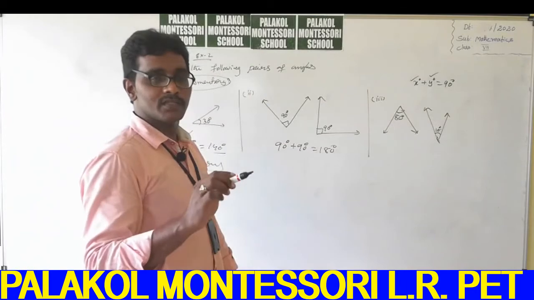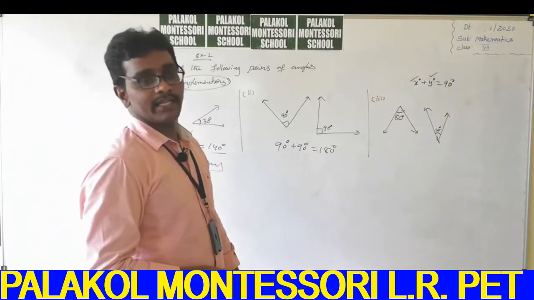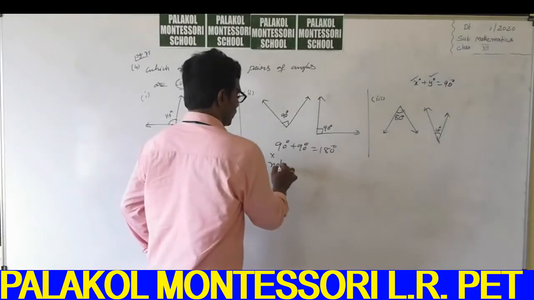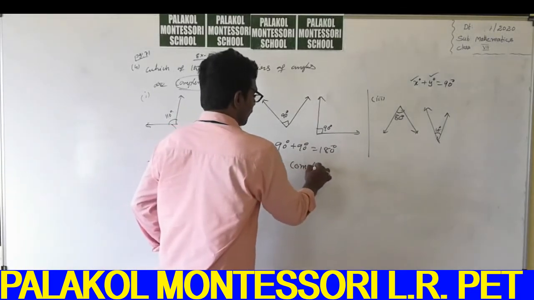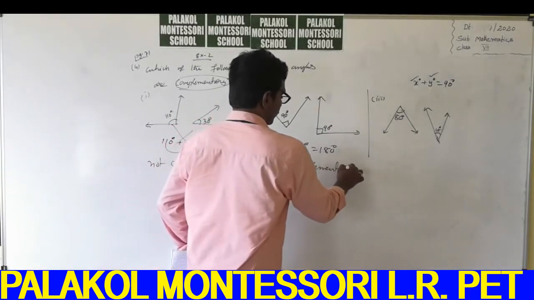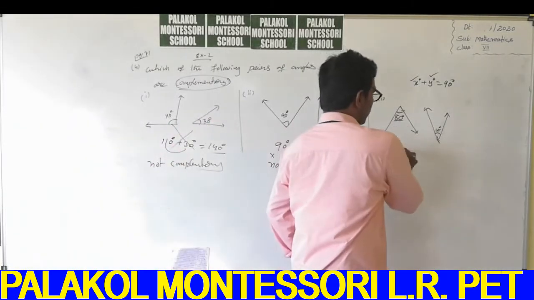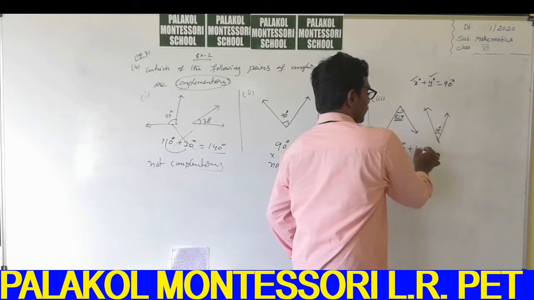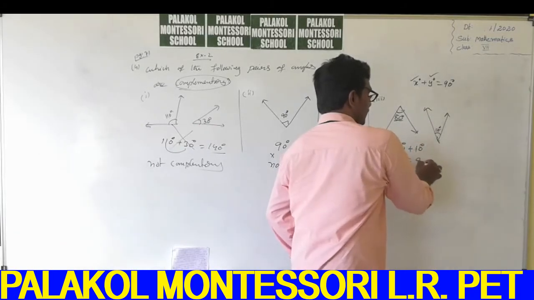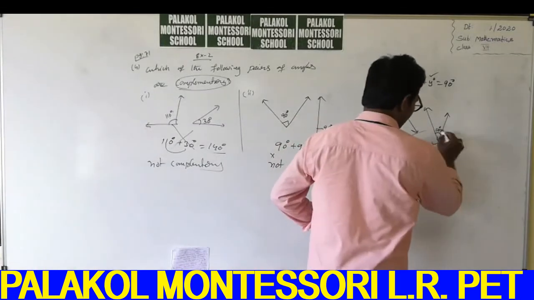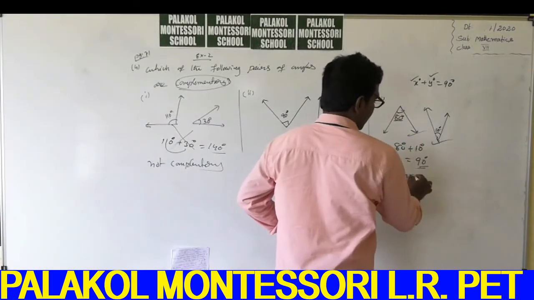Sum of two angles becomes 90 degrees, but here it becomes 180. It is not complementary. Guys, this angle is equal to 80 degrees, this angle is equal to 10 degrees. 80 degrees plus 10 degrees is 90 degrees. So definitely these two angles are called complementary angles.